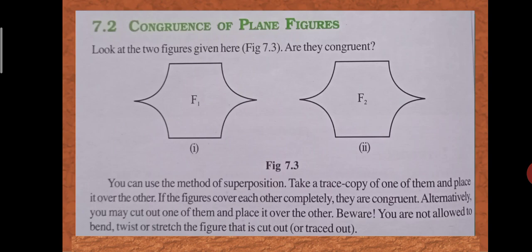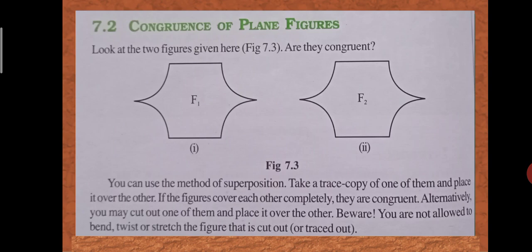If you find that each corner is completely matched, then we can say they are congruent. Only this one thing you have to keep in mind, that you will not bend that figure, you will not twist it, or even stretch it.